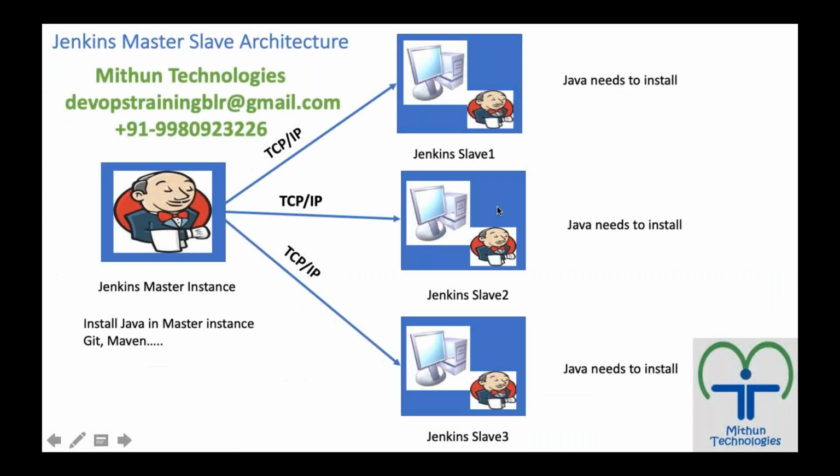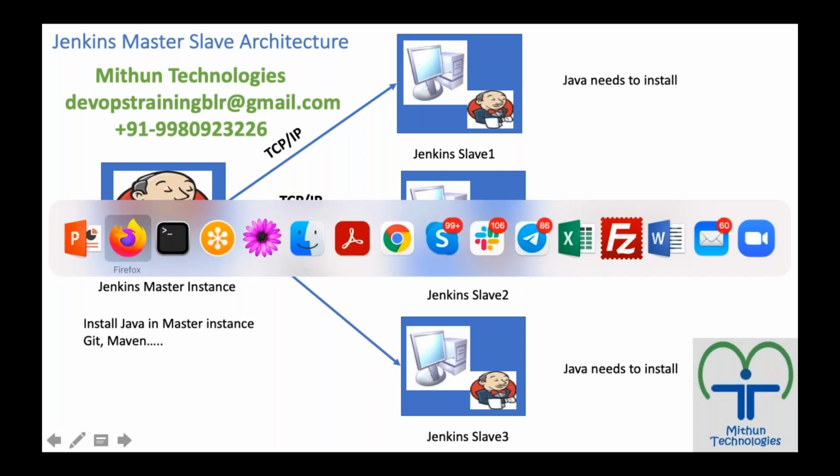See here, I am creating, assume 3 slaves, slave 1, slave 2, slave 3. For all these 3 slaves, we can give the same label name. What is the advantage of giving the same label name for all these 3 slaves? Or can we give a different name for each slave? Yes, your wish.